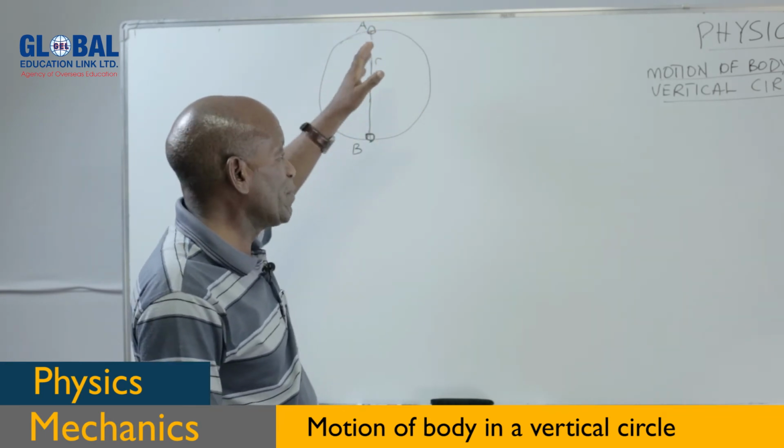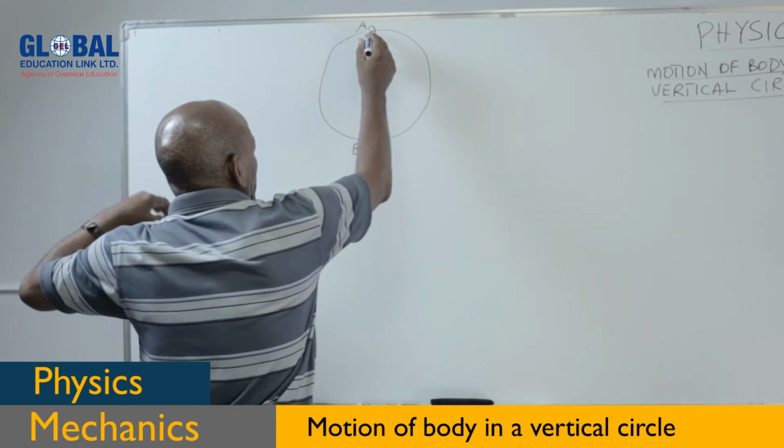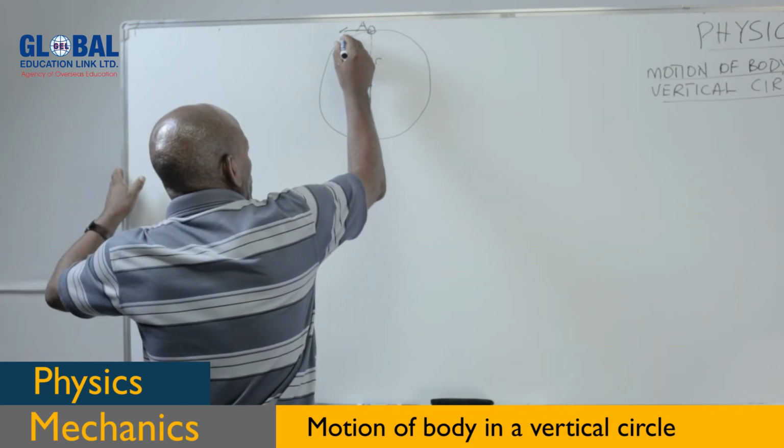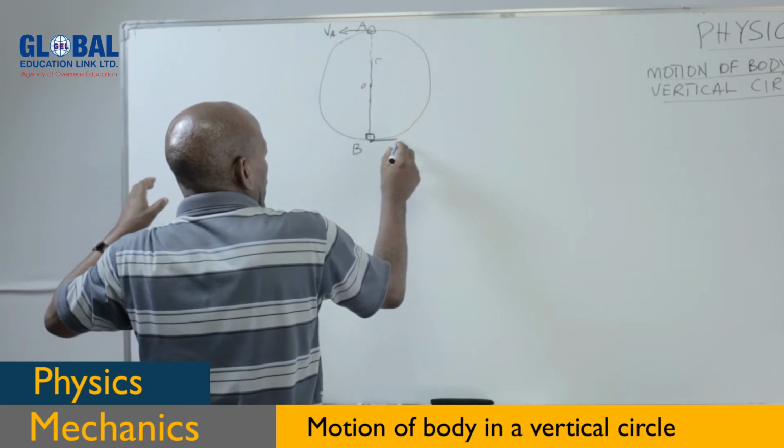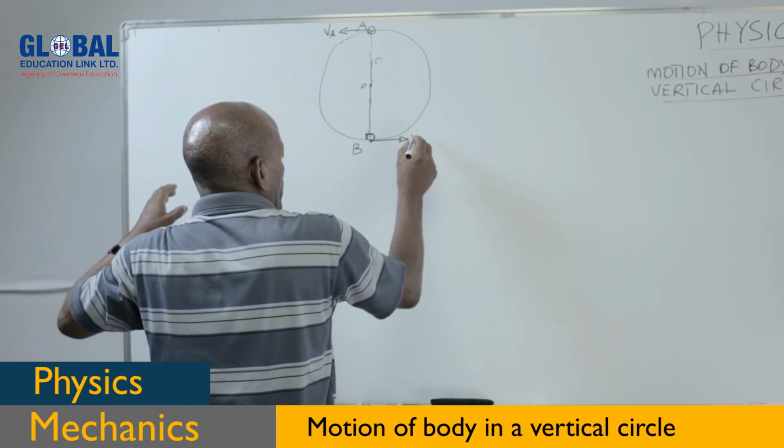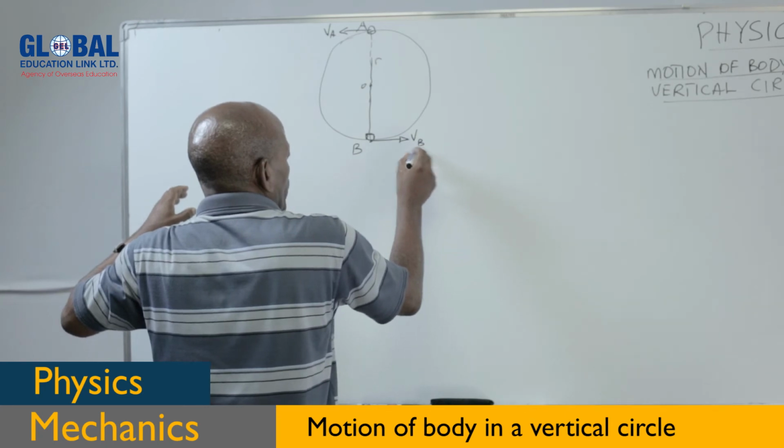What will be the minimum velocity of a bucket whenever it passes at the top? Let me call this VA, and the maximum velocity whenever a body is passing at the bottom, VB.